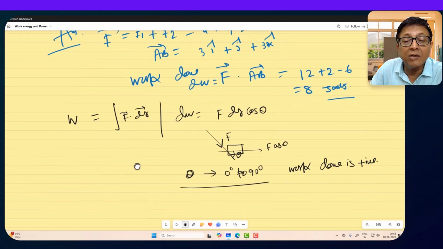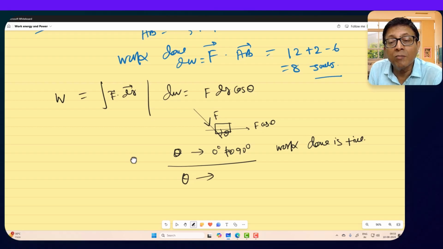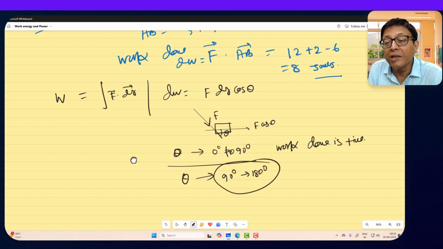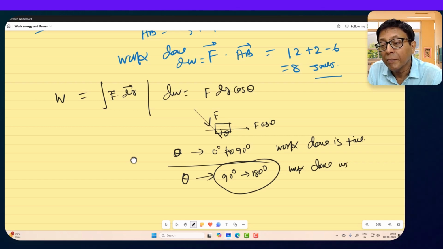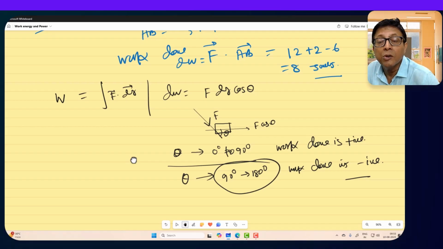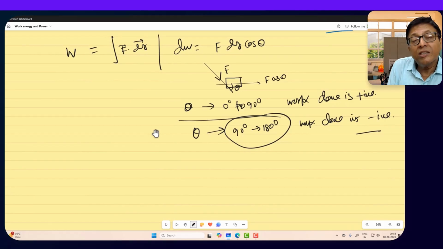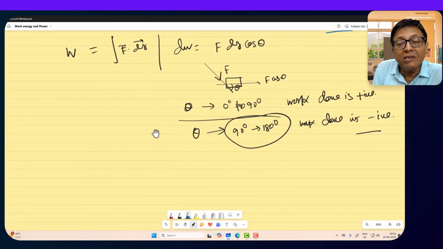But if theta goes from say 90 degrees to 180 degrees, then work done will be negative. But this concept of positive and negative work we can discuss easily if we consider the motion of an object in one dimension.